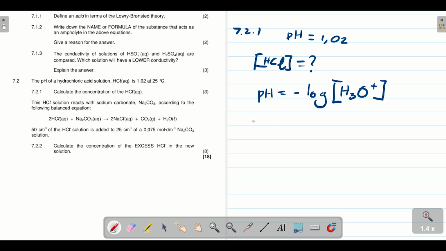Step 1, to get the concentration of hydronium, we've got to multiply both sides by -1. We'll get that. After that, we got to raise negative pH and log H3O plus by 10 to get rid of the log. So we'll have this 10 to the minus pH.